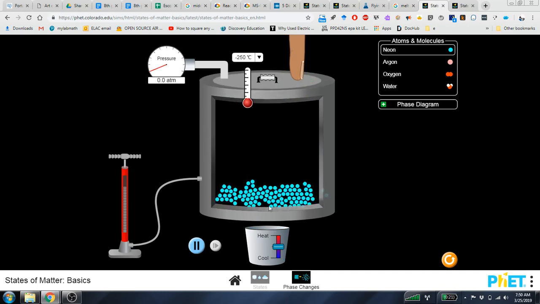They keep their same shape, they keep their same size. If this is a liquid, I think this is a liquid at this point, they don't keep their own shape, but they keep their own size. Eventually, this is going to become a solid because it's really cold. Okay, so that is important, and that's just another tool that the teacher has to show the kids that concept of changes in volume.